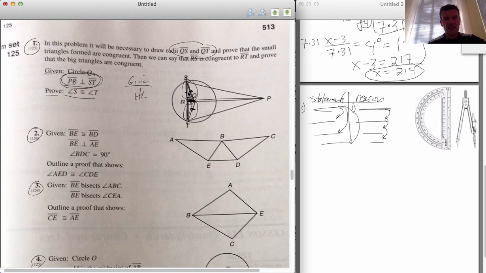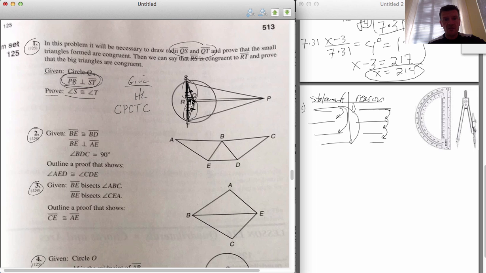Then we can say that side SR and side RT are congruent because they are corresponding parts of already congruent triangles. We've shown that the two small triangles are congruent, but we didn't show that SR and RT are congruent, but now we can say they are because corresponding parts of congruent triangles are congruent. CPCTC. Now we have those two sides congruent.